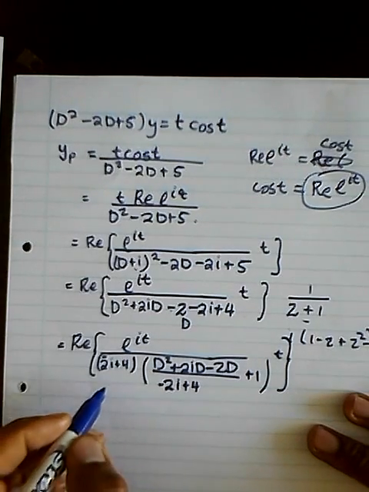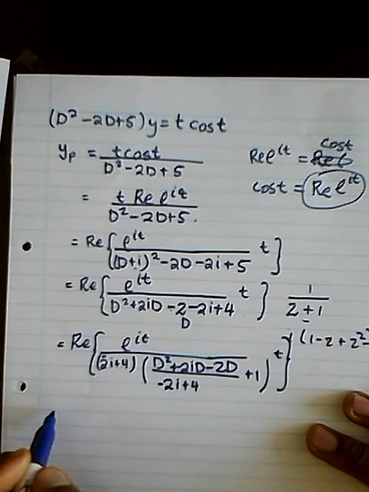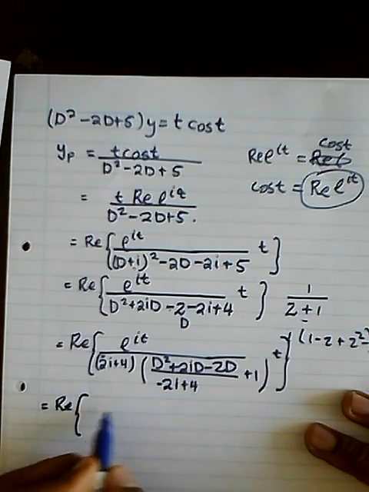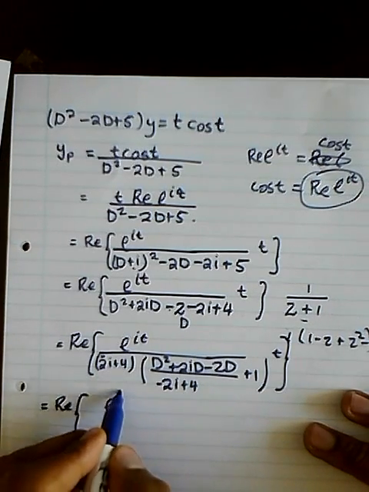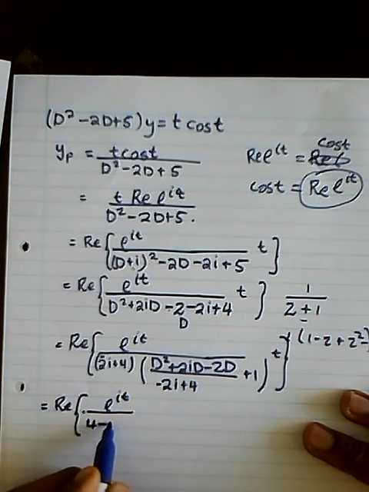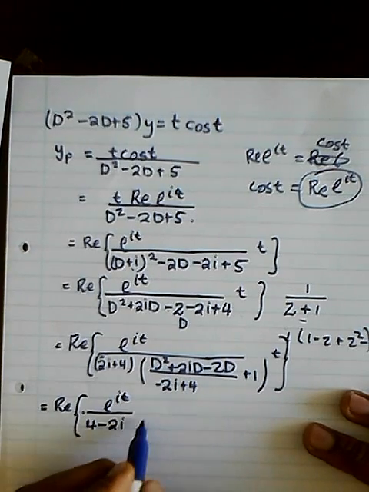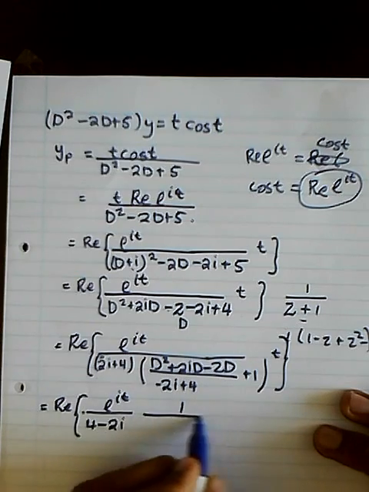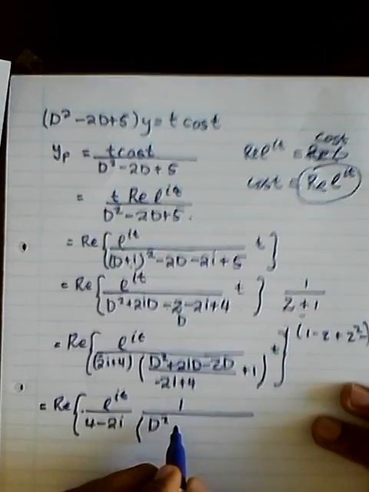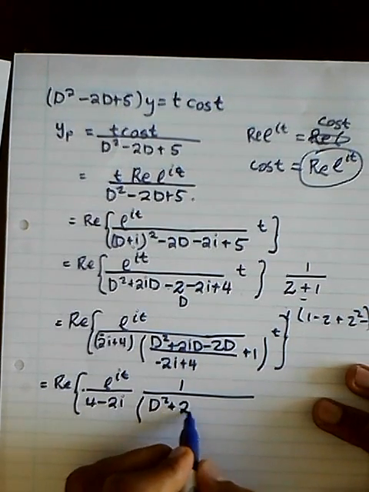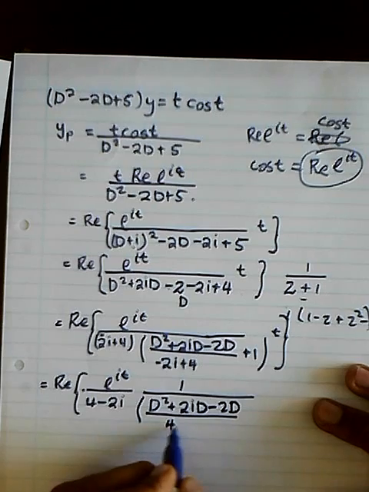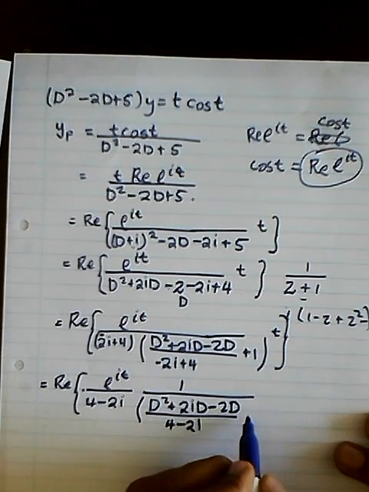Okay, now note that we can write this as the real part of e to the it, I'm just rewriting by the way, divided by 4 minus 2i, and then this 4 minus 2i is multiplied by d squared plus 2id minus 2d divided by 4 minus 2i, okay, and then plus 1.